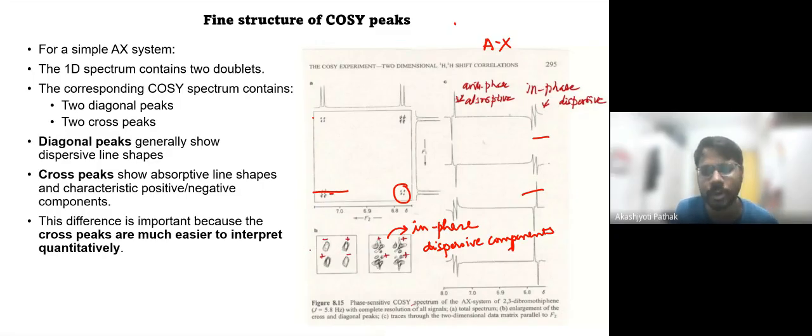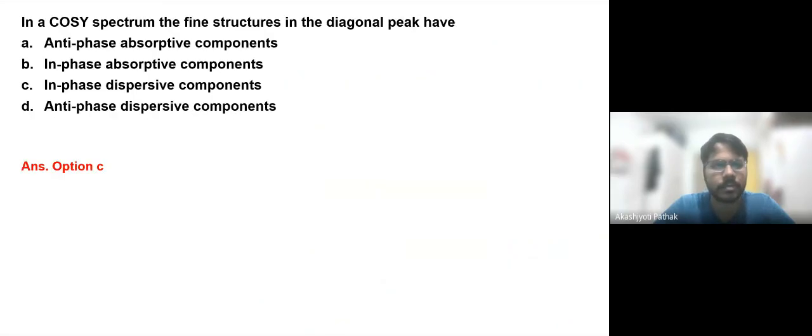Your cross peaks are all absorptive with both antiphase and in-phase signal, while your diagonal peaks will always be in-phase dispersive components. So that is why the answer is option C.